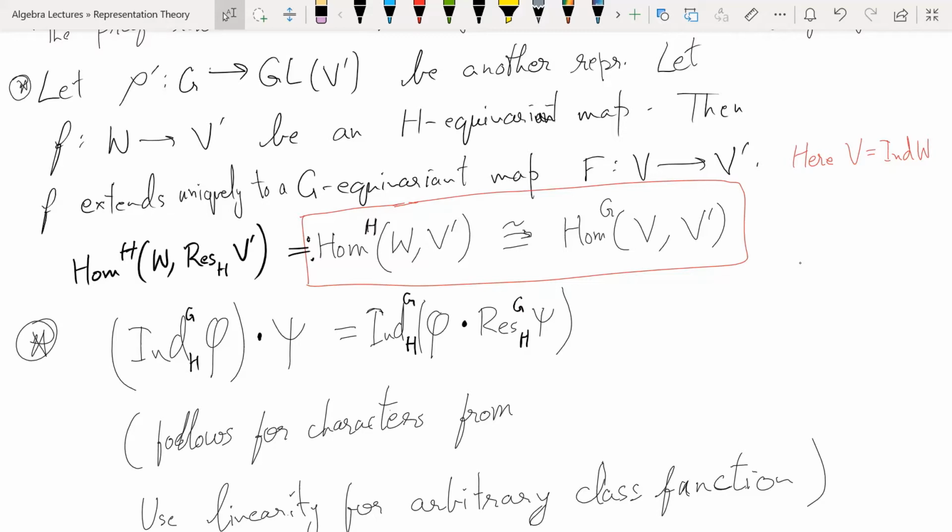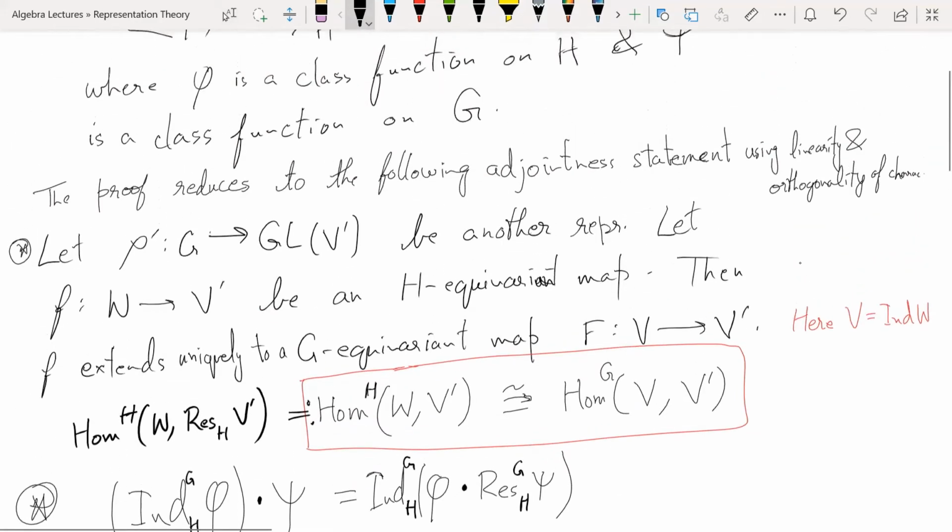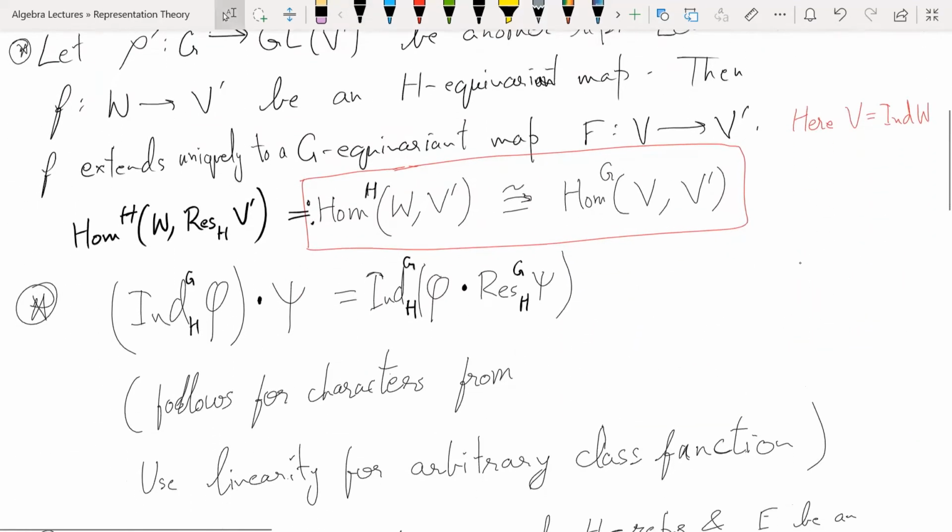The tensor. Yes, so phi is a representation of W. So Ind from H to G of W, you tensor it with some G representation, let's say V prime.